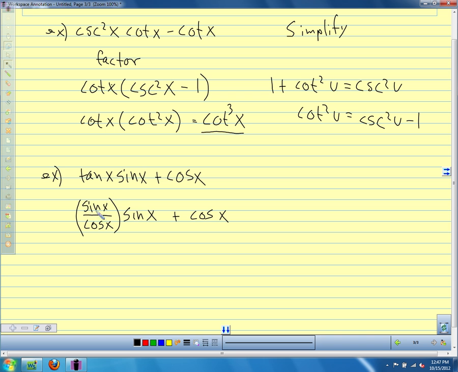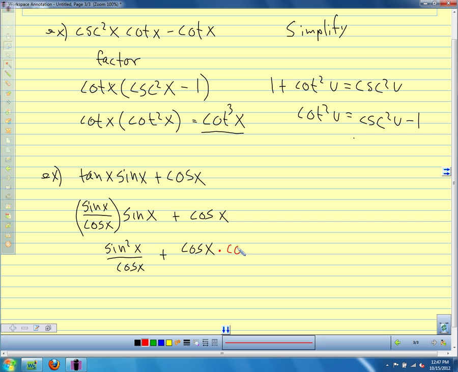Now I'm going to multiply here, so I get sine squared x over cosine x plus cosine x. Now what do I need to do to add these two terms together? We need a common denominator. So I'm going to multiply this. My denominator is going to be cosine x.